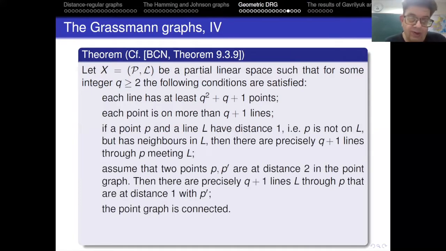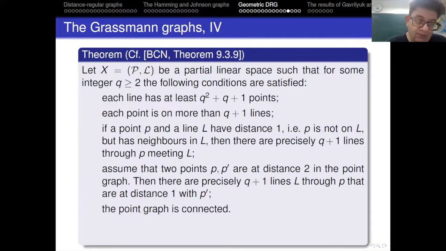And we have the condition that if we have a point P and a line L at distance 1, so that means that P is not on L, but P has neighbors in L, then there are exactly q plus 1 lines through P meeting L. And assume that two points P and P prime are at distance 2 in the point graph. Then there are precisely q plus 1 lines L through P that are at distance 1 from P prime.